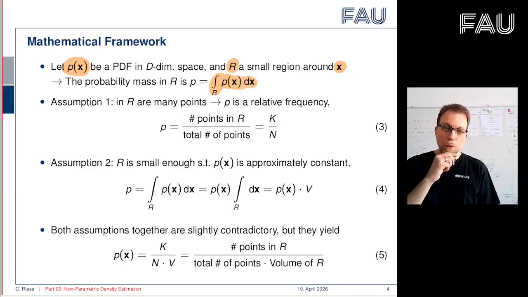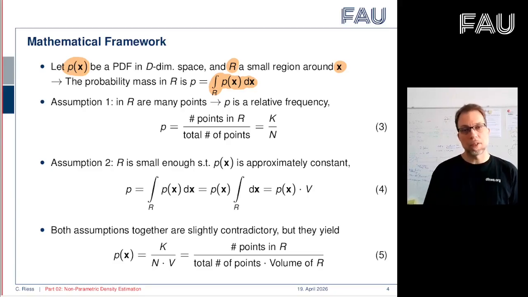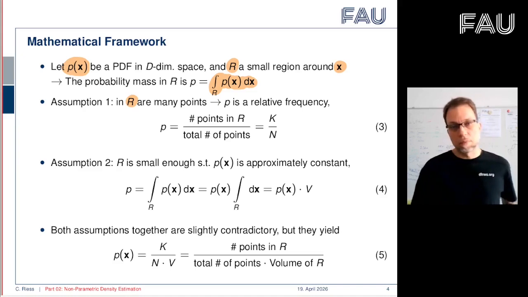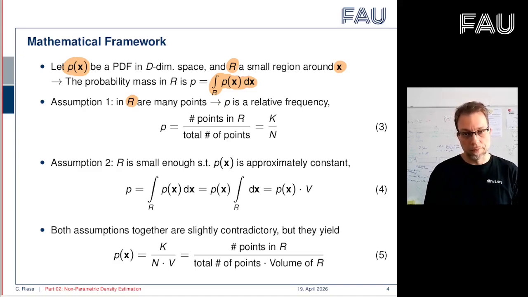Now we have two contradicting assumptions. Assumption number one, there are many points in this region R, many observations, data points. So we can just calculate a relative frequency to obtain an estimate of the probability mass in that region.